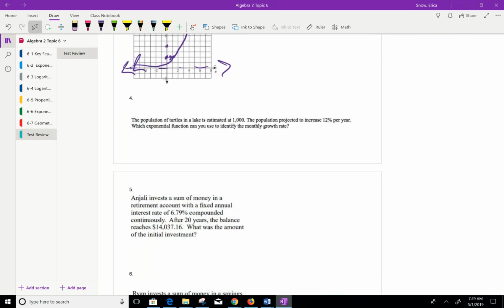Question 4 says the population of turtles in a lake is estimated at 1,000. The population increases at 12% per year. What exponential function can you use to identify the monthly growth rate?